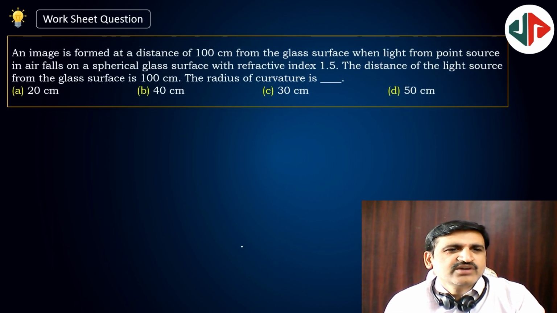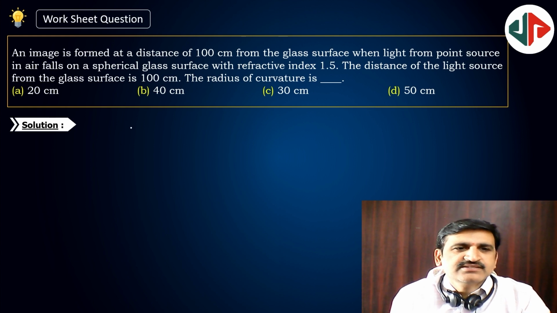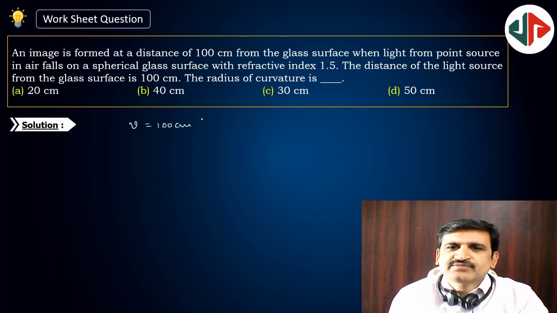An image is formed at a distance of 100 centimeters, v equal to 100 centimeters from the glass surface, when light from a point source in air falls on a spherical glass surface with refractive index mu equal to 1.5. The distance of the light source from the glass surface is 100 centimeters.